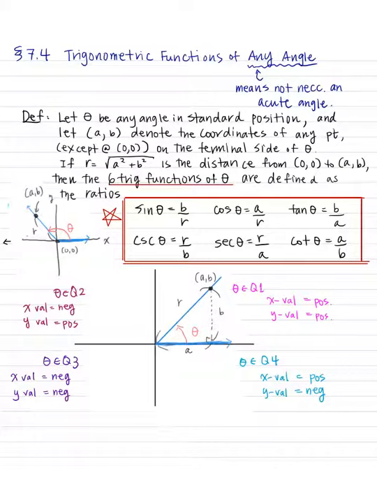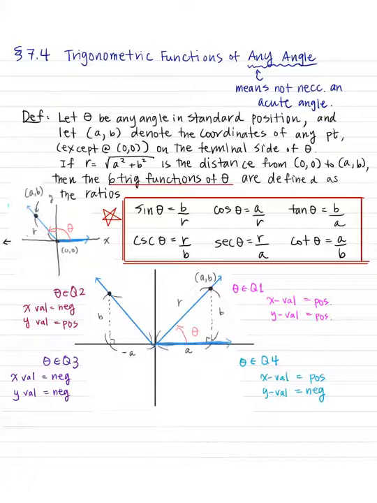Now, the second case is if theta lies in quadrant 2. Let me draw that out. I'm just going to put an arrow right there. Let's pick any point, and I'm going to form a 90-degree angle here. Notice that in quadrant 2, the x value is going to be negative, so maybe this is negative a, and the y value is positive, so from here to here is b.